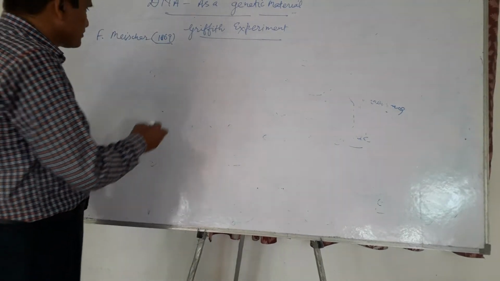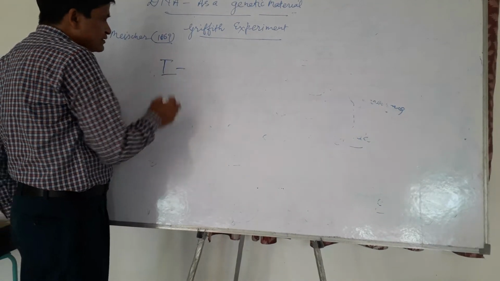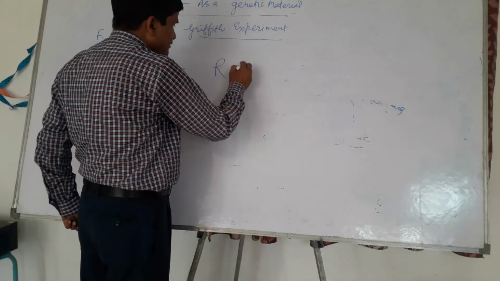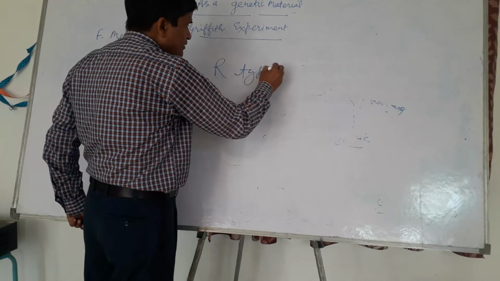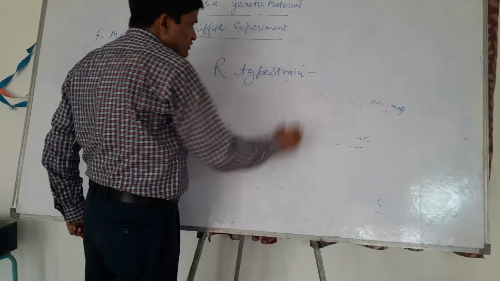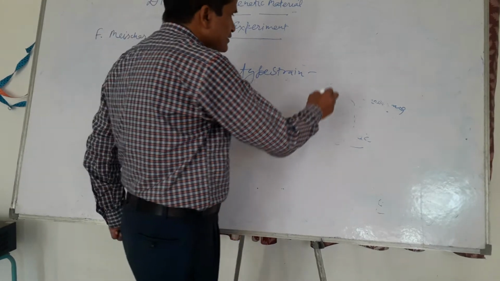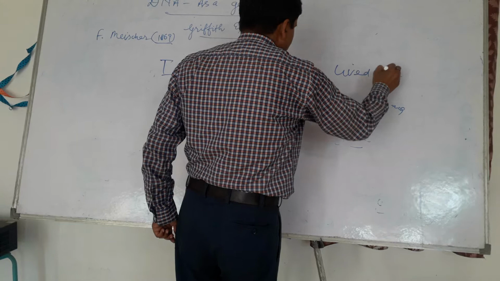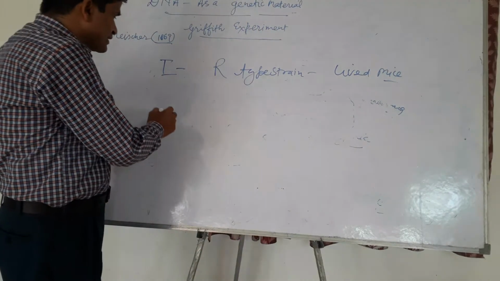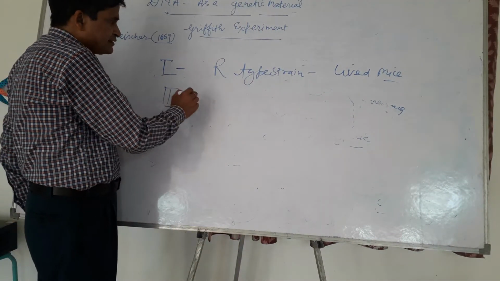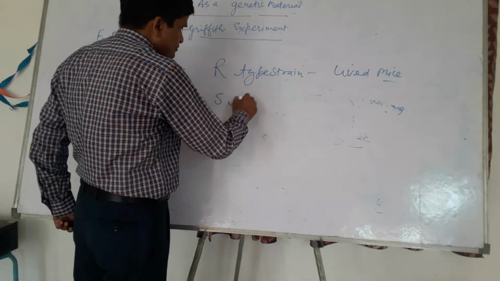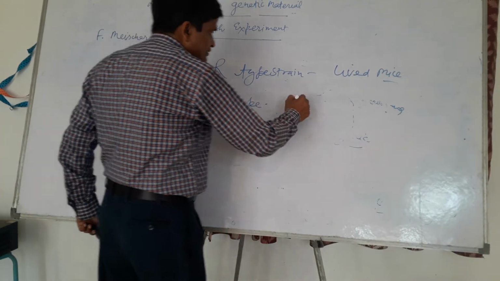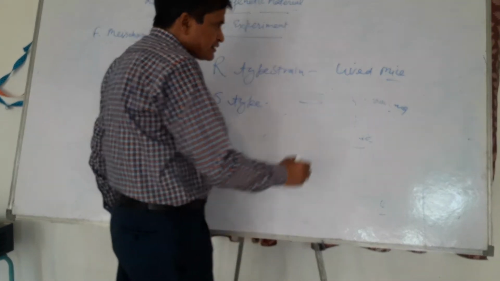In the first step of this experiment, he injected R type strain into the mice. The result: the mice lived. In the second, he injected S type, which causes pneumonia in the mice, and the mice died.